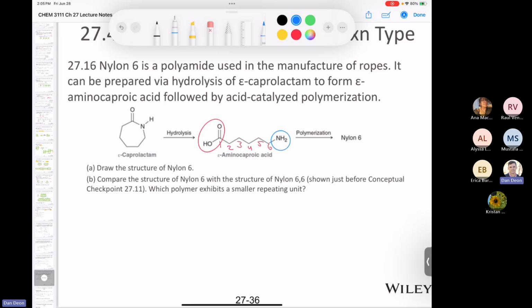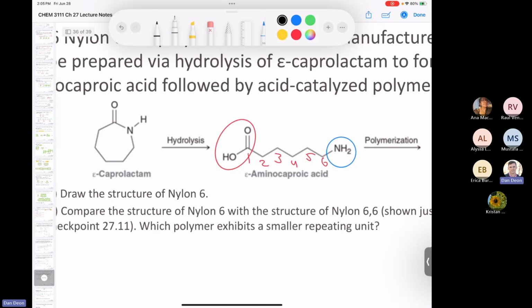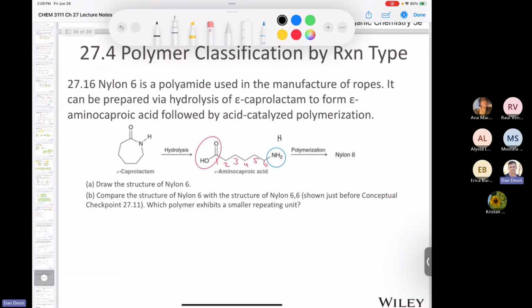So if we draw another one of that same amino acid, 1, 2, 3, 4, 5, 6, and then we have the amino group like this, okay?